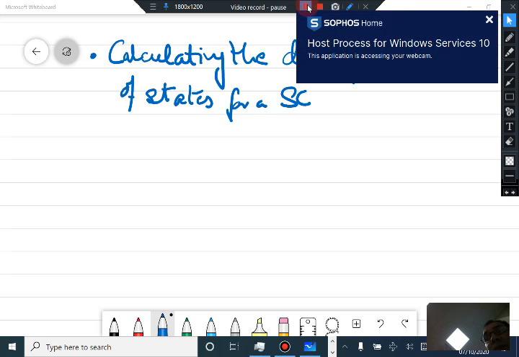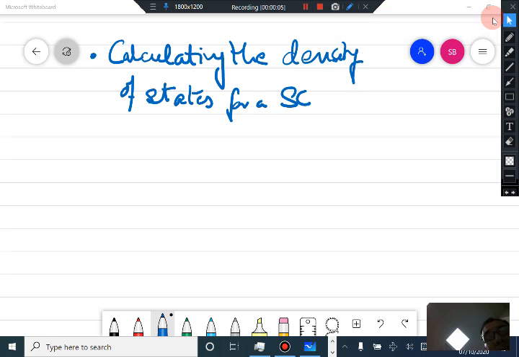Now, in this lecture, we calculate the density of states for a superconductor.